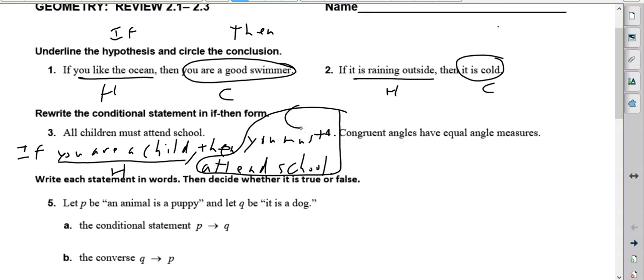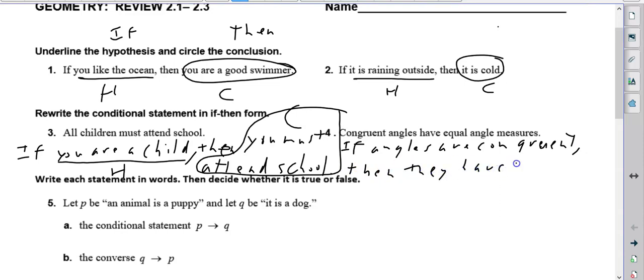Congruent angles have equal angle measures. So we'll take the first part. If angles are congruent, then they have equal angle measures.